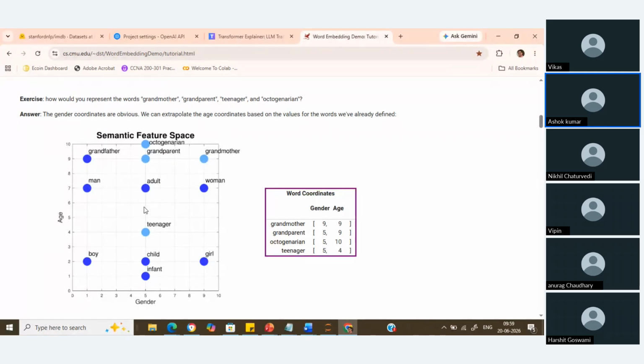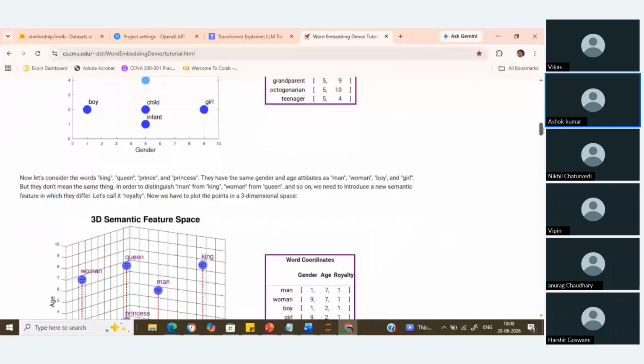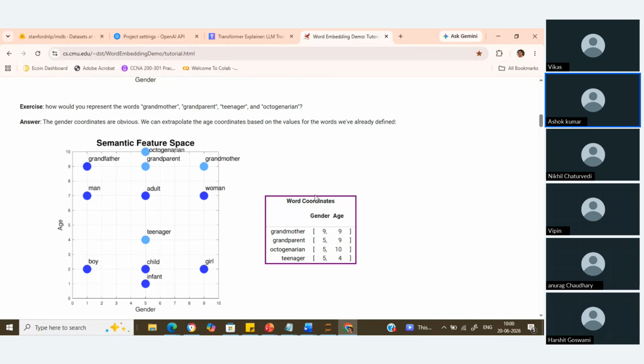Then you will see that grandmother is 9 and 9, so 9 on the gender axis and 9 on the age axis. Grandparent is 5 and 9, so 5 on the gender axis and 9 on the age axis. Teenager, and we will be able to get that information too. Now we have put certain words based upon the age and gender dimension, and we have prepared the word coordinates.